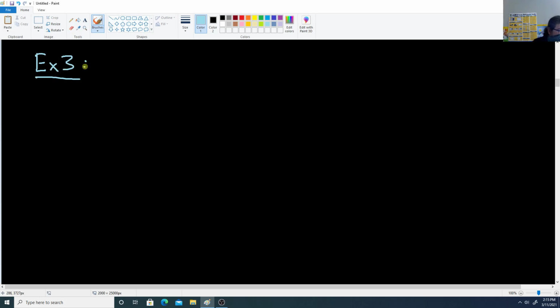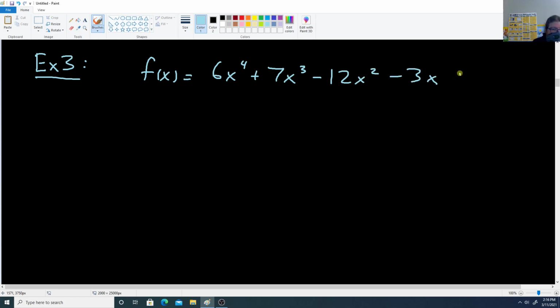We're given f of x equals 6x to the fourth plus 7x cubed minus 12x squared minus 3x plus 2. Part A, they tell us to list all possible rational zeros.